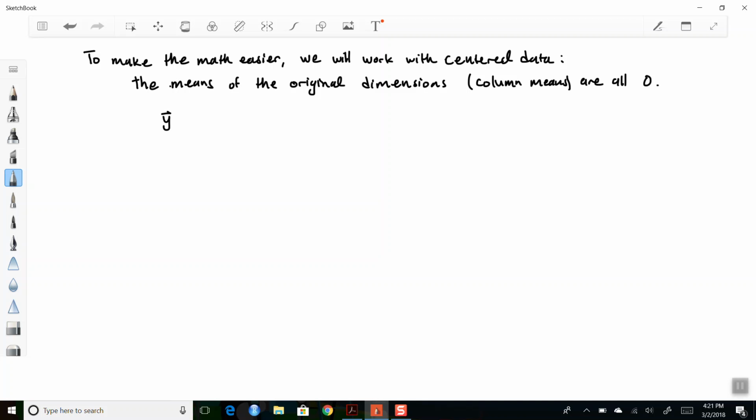So that is the mean of each y vector is 0, from n equals 1 to big N. All right, and if the data is not centered, all we have to do is subtract the column mean from each column, right?